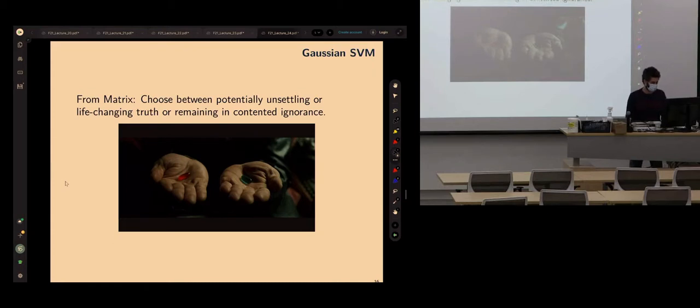Ben says, take the blue pill. Now, if you watch the movie, blue was remaining in the contented ignorance. I think that was blue. So you're happy. Okay, you want to be happy, and that's fine. So my answer to you is that you can't do that.